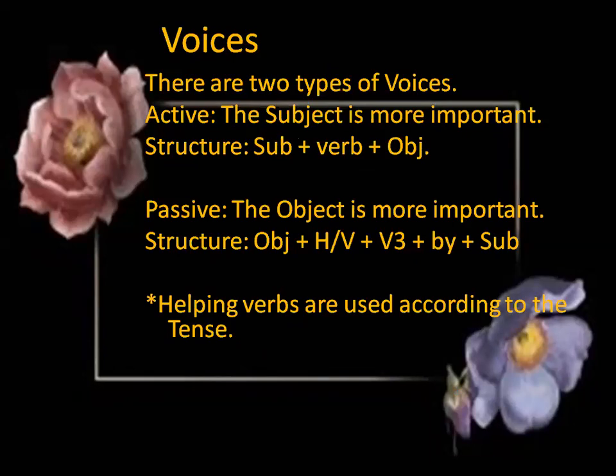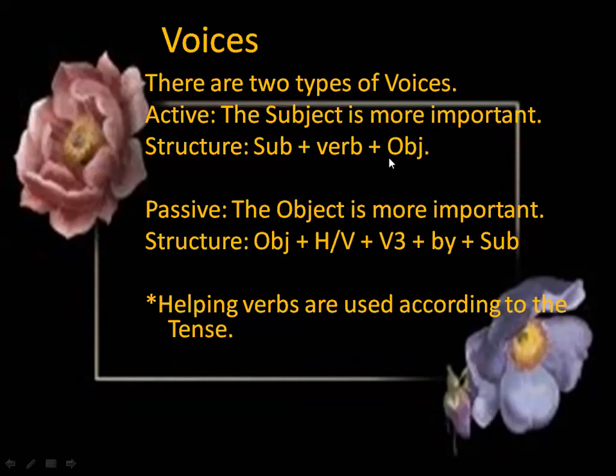So the subject is more important in the whole structure. Subject, verb, object. Timing can also be mentioned over here. Sometimes days are mentioned, sometimes times, sometimes months. They all are timings. But except that extra part, the main structure is subject plus verb plus object.